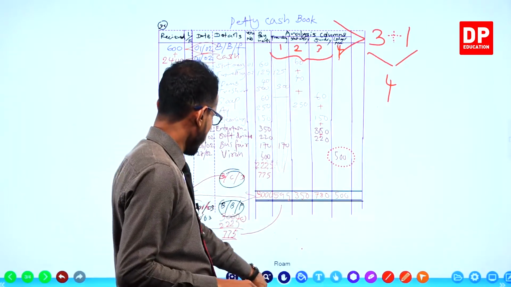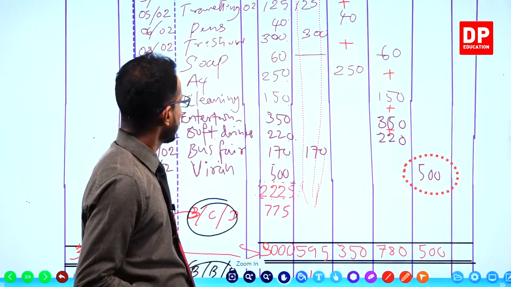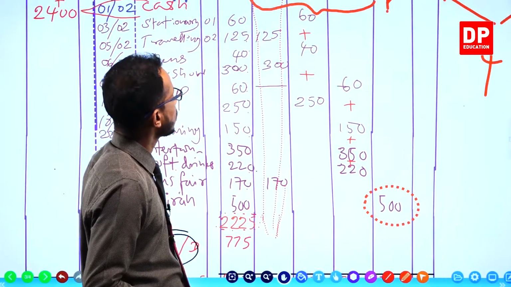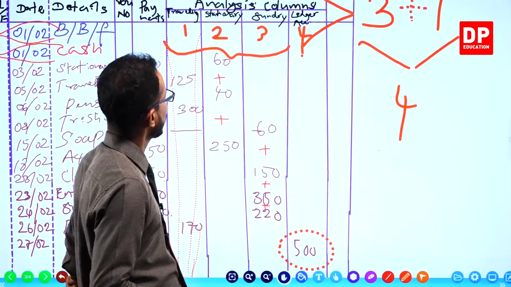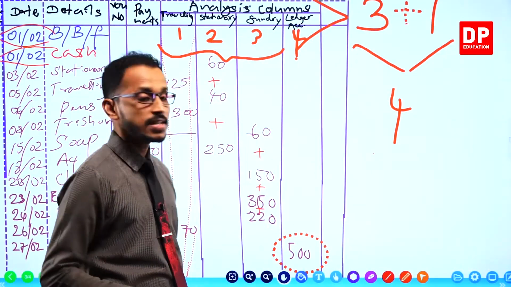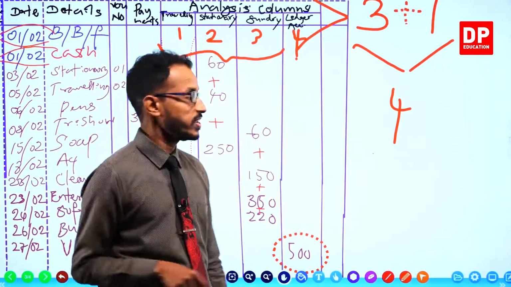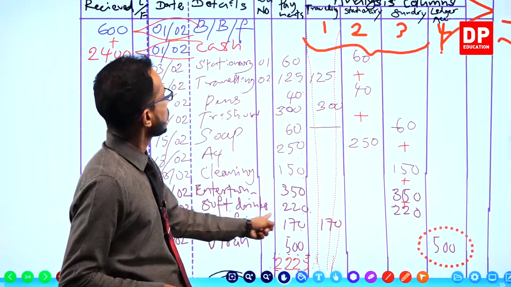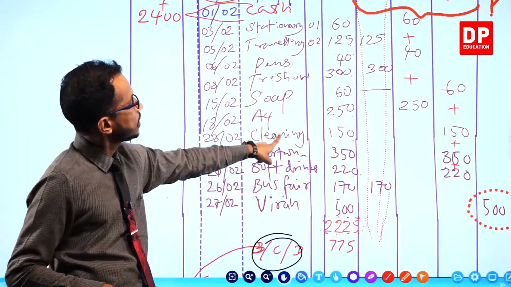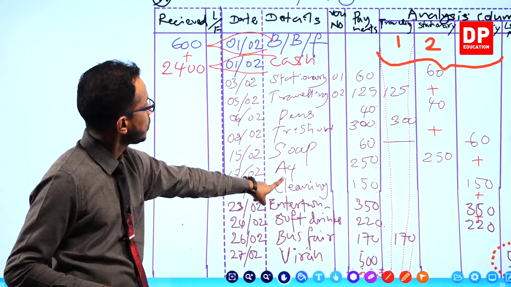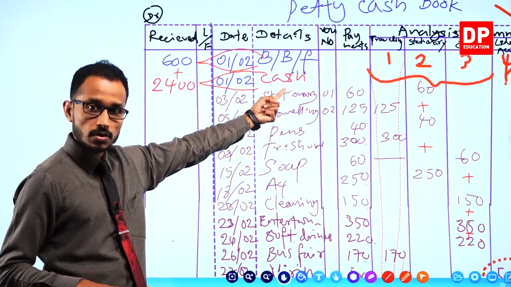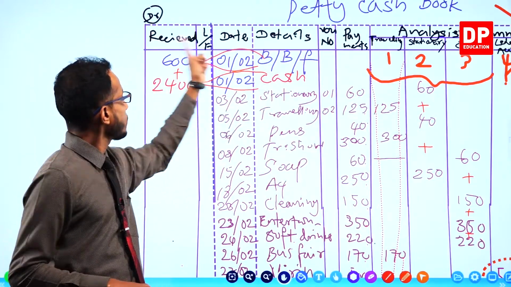Is that all? Let's zoom in and see. No, we need a cash book. Why? There are entries on the debit side of the petty cash book which are going to the cash book. Which entries?